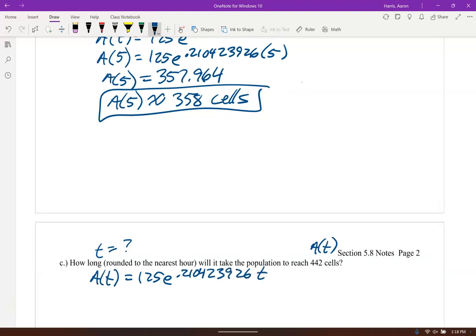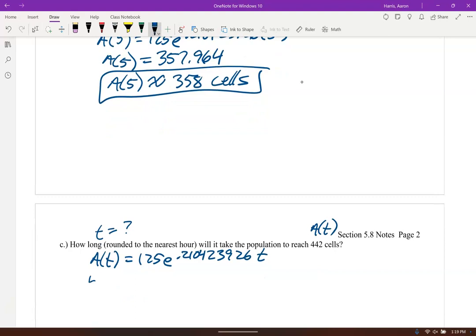So 442 divided by 125 is 3.536, equals e to that.